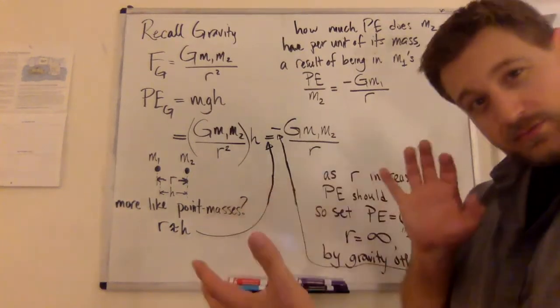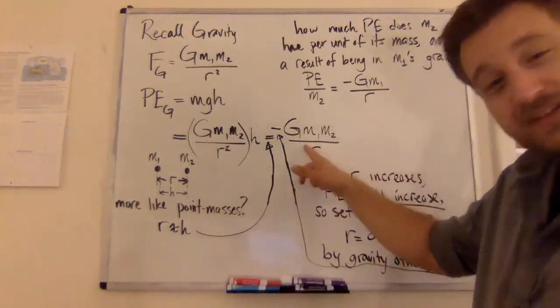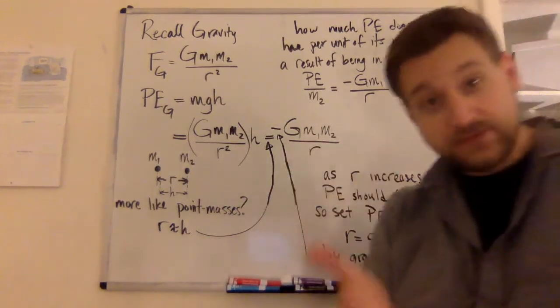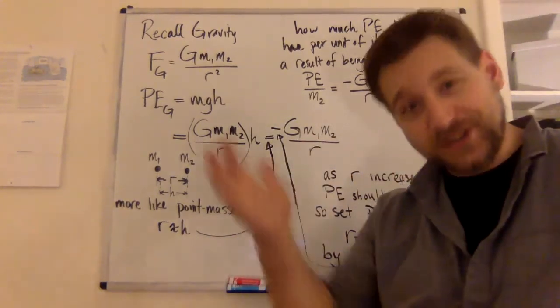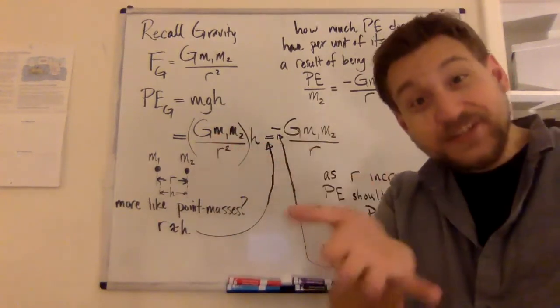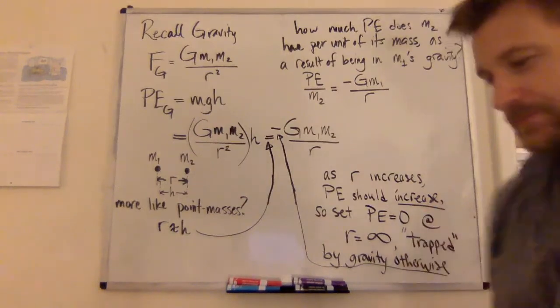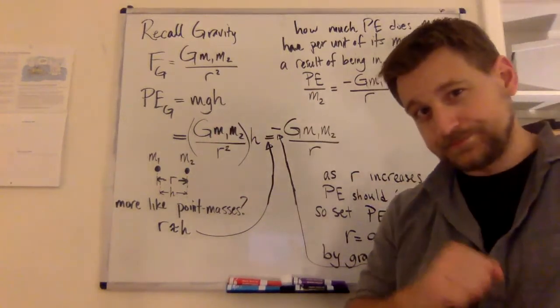Okay, so go the other way. The farther away we get, the less and less negative this becomes. That's an increase, right? Starting from very negative and going to less negative, that's increasing, which is what we expect.